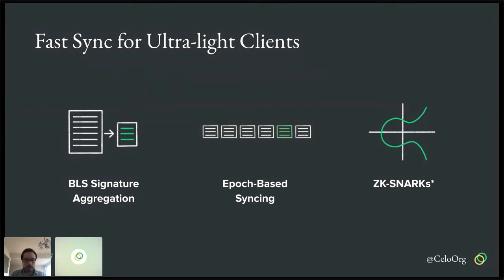One of them is BLS signature aggregation. The end result is that it drastically reduces the size of our block header, which the Valora app will have to download. I'll get into more detail about this later, but at a high level, it aggregates a whole bunch of different validator signatures into one.